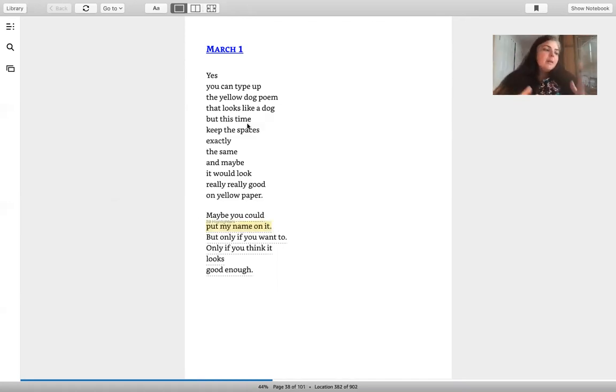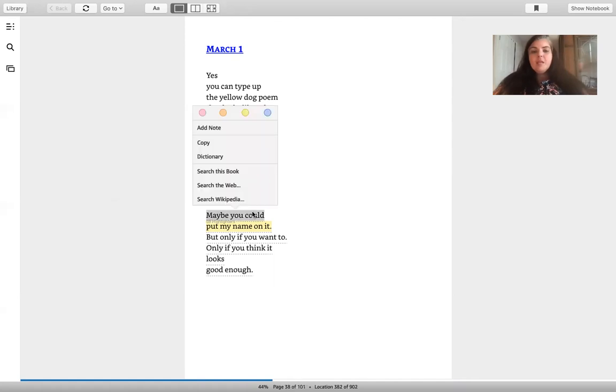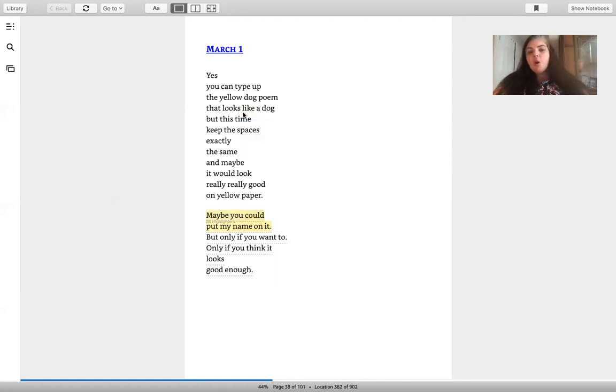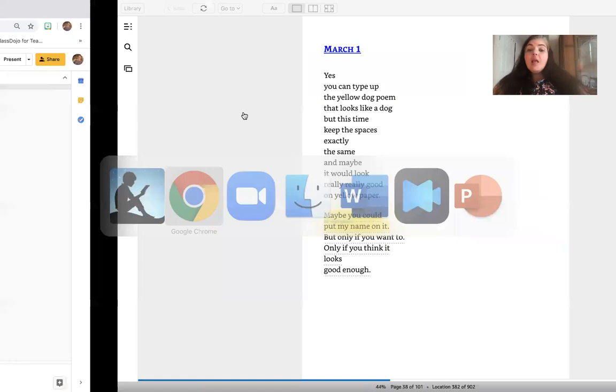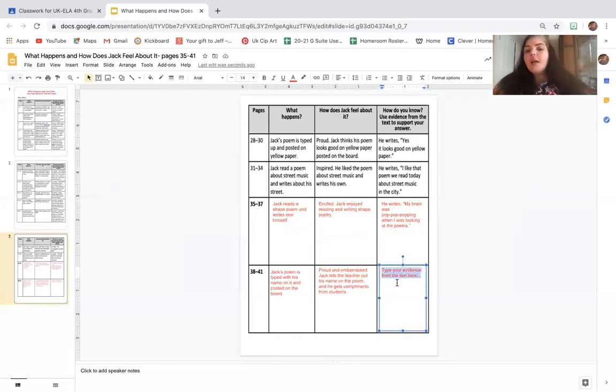He said, "Maybe you could put my name on it too." So that is where you would type your evidence. I'm going to let you do that on your own. And that concludes our portion of our anchor chart.